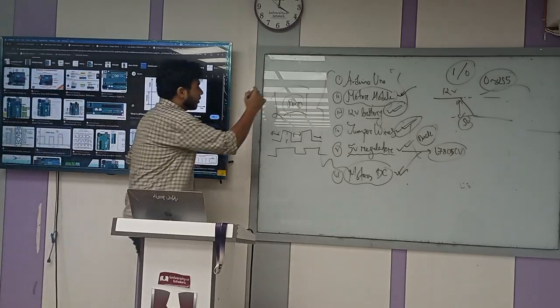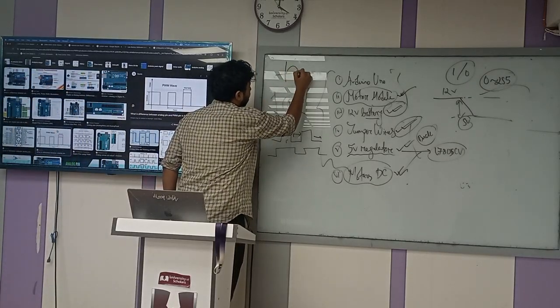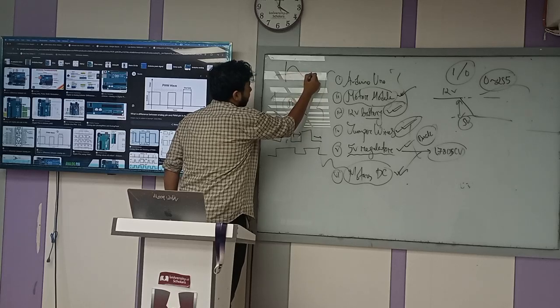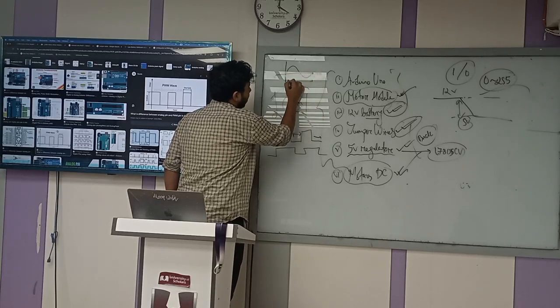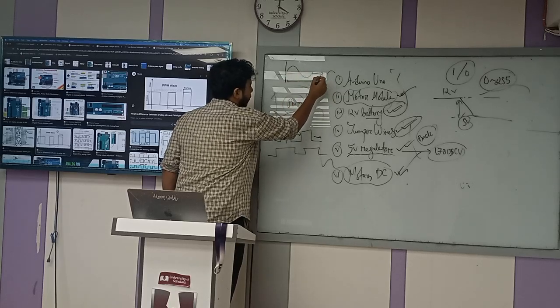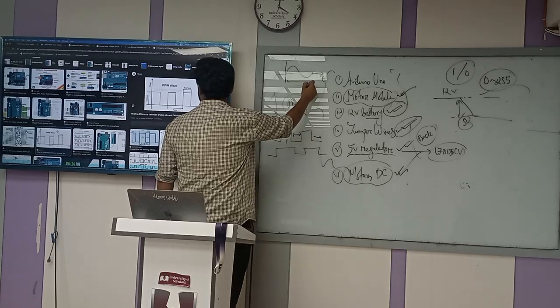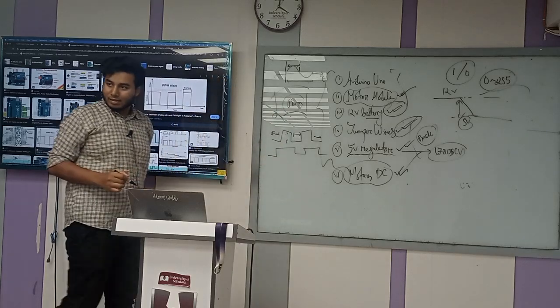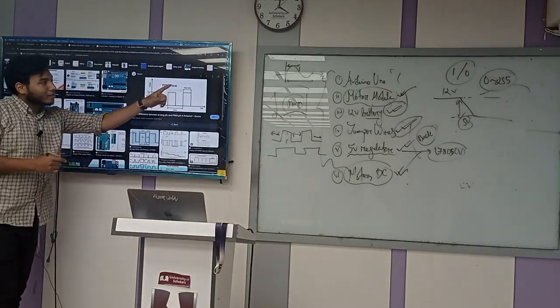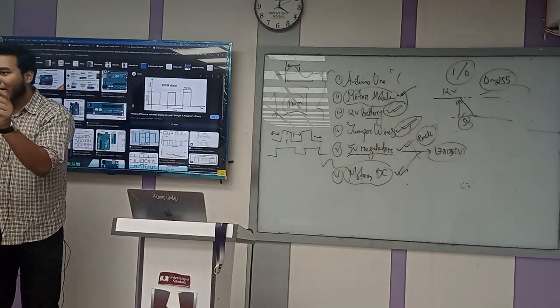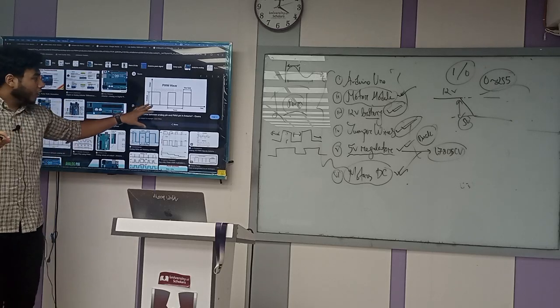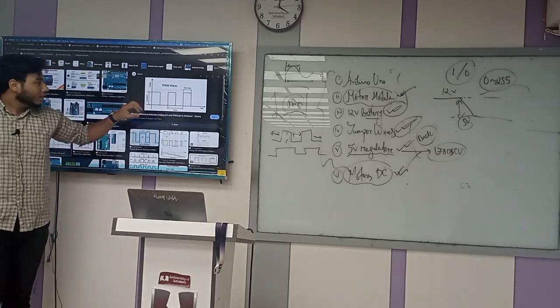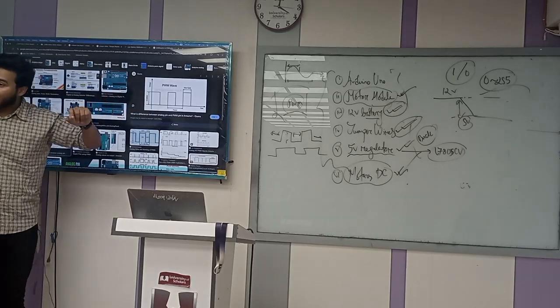Now, just take a simple example. If you take this cycle, it is a period of time, consider it t. This is the full cycle, and that's the half cycle. So this time variation is the part of the PWM pin, whereas this amplitude will come from the voltage.